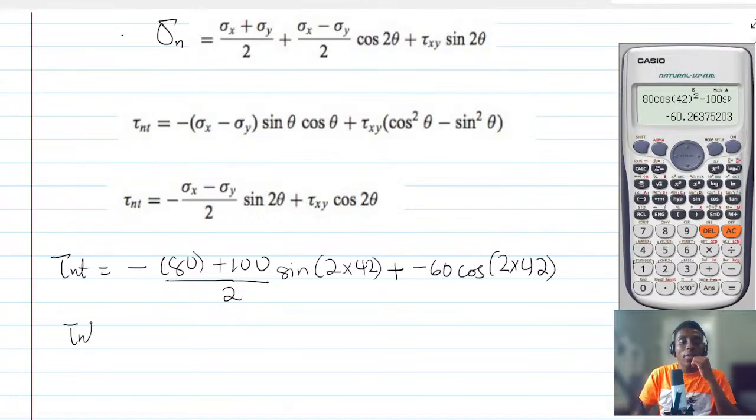So basically we can calculate this as minus 80 plus 100 divided by 2, sine 2 multiplied by 42, minus 60 cosine 2 multiplied by 42.